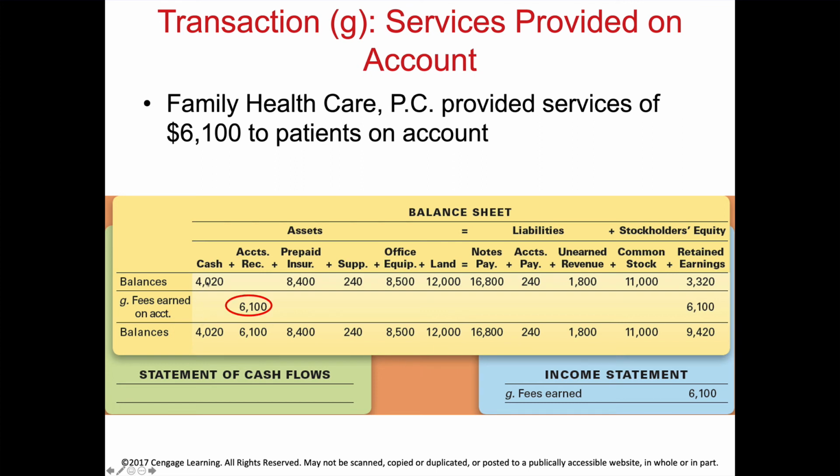No cash is involved, but over here in retained earnings, because that was a revenue transaction, even though they haven't gotten the cash yet, the retained earnings goes up, and down here in the income statement you see that you're recognizing the revenue even though you haven't gotten the cash yet.